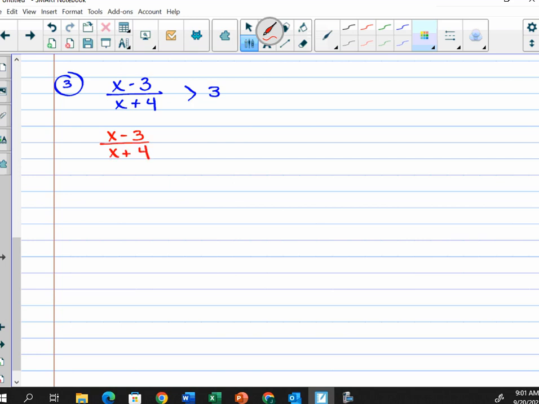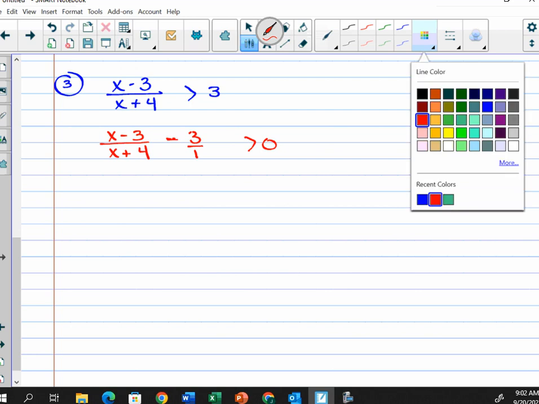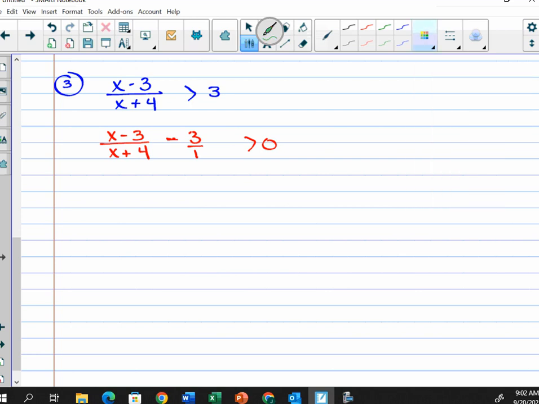Now realize when you subtract over the 3, you can't just smush it into your fraction, okay? You can put it over 1 if that helps you. Essentially, I'm now subtracting fractions. What do I have to do to subtract fractions? Yes. Do you guys see how it's x plus 4? So this 3 over 1, I'm taking numerator and denominator times x plus 4.